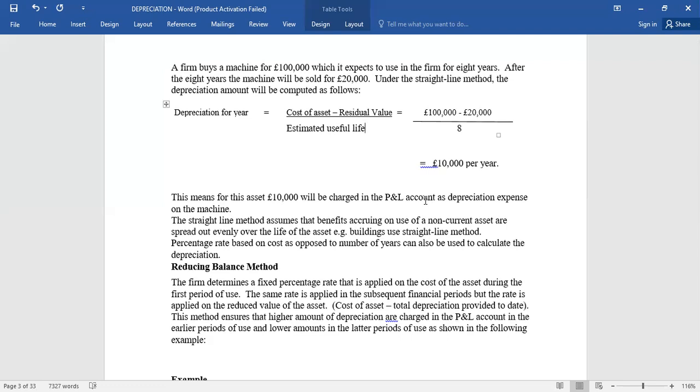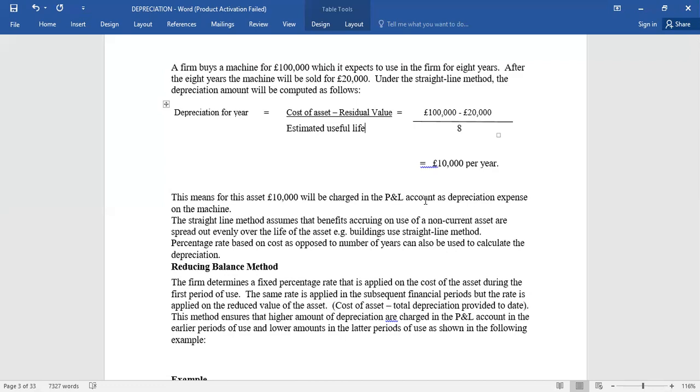If you have a building today and you are using that building to do your business, we do expect that that building will stay, unless you do some capital expenditure or some expansion or restructuring. So we assume that that asset will accrue equal benefits over the duration it will be used by the firm.